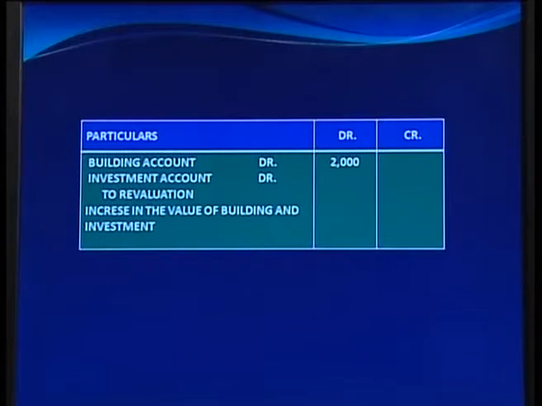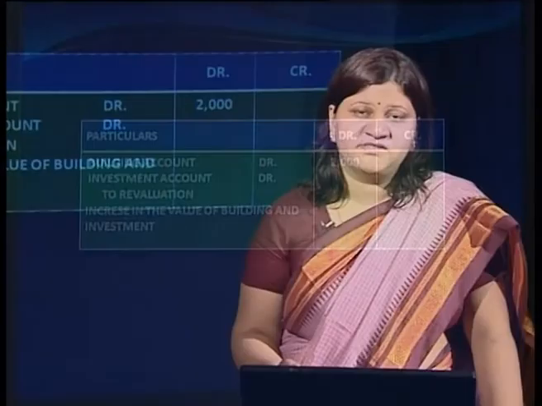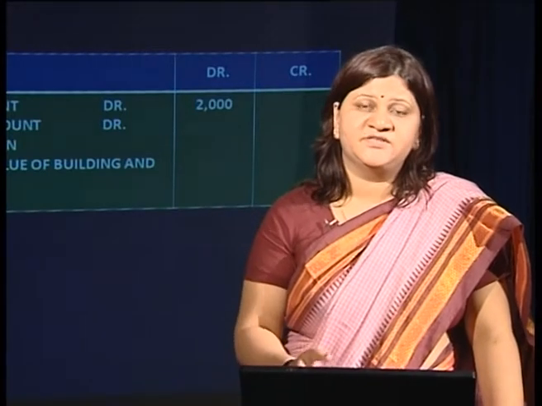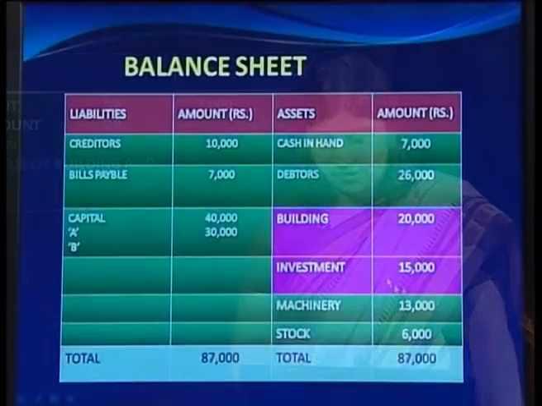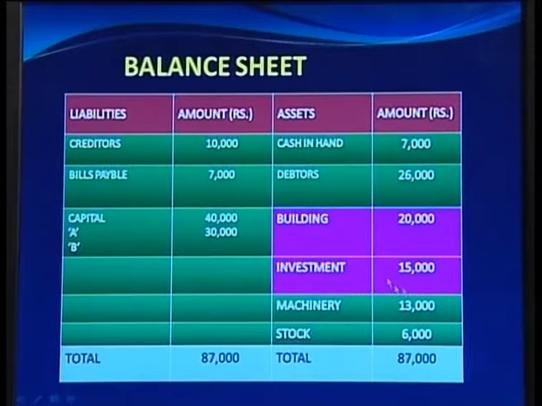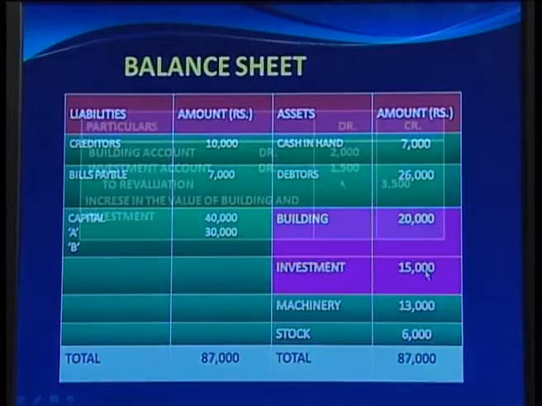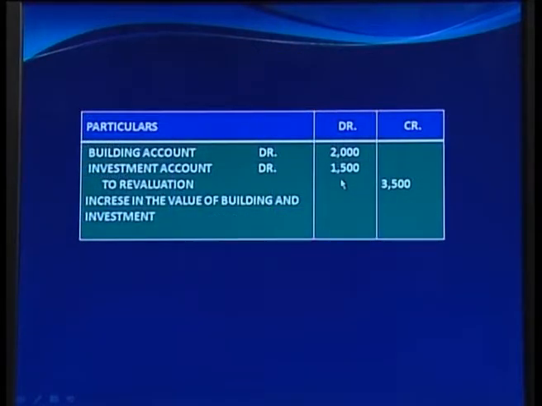So, we will pass the entry building account debit 2,000 to revaluation. Since it is a profit, there is an increase in the value of the asset, which is being debited, and the revaluation account is being credited. When we prepare the revaluation account, it will be reflected on the credit side of the revaluation account. Next figure is of investment. They are also being appreciated by 10%. So, 10% of 15,000 would amount to 1,500.